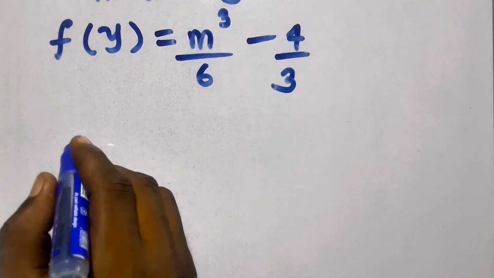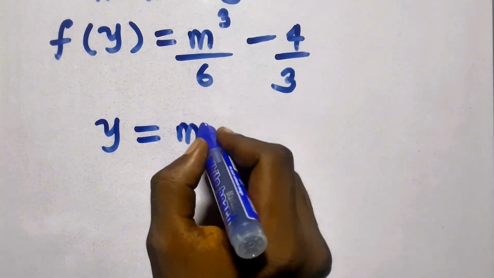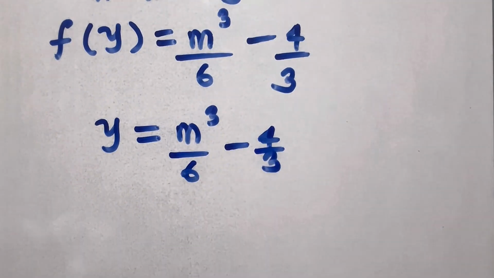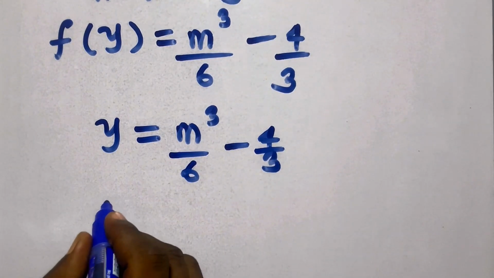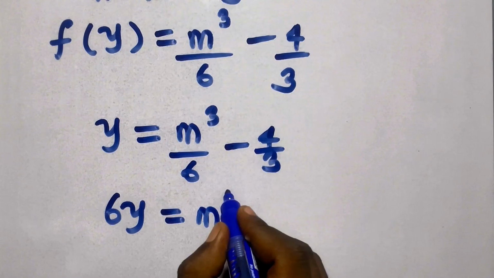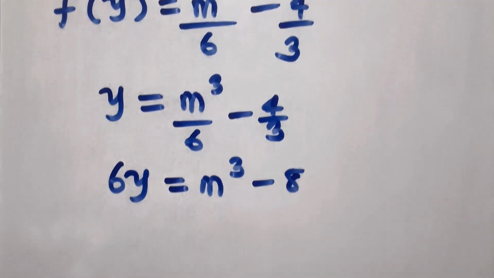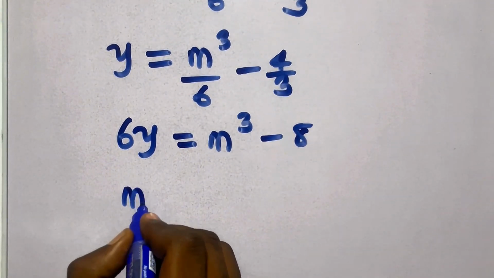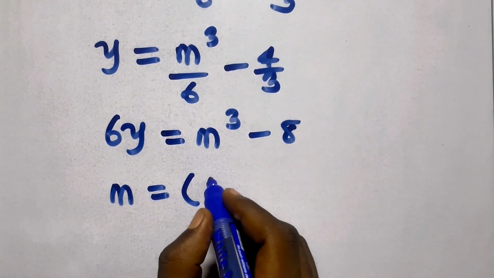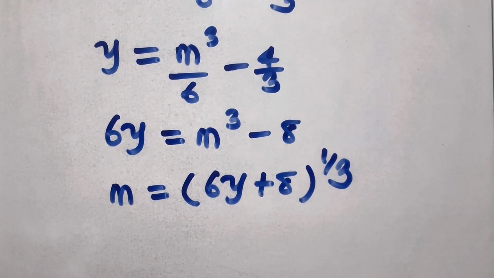So from here now, if again we let y be equal to m raised to the power 3 divided by 6 minus 4 divided by 3, then by multiplying throughout by 6, we are going to have 6y equals m raised to the power 3 minus 8. Do you understand? So therefore, our m here, if we perform the same operation like we did earlier, making m the subject of the formula, will be 6y plus 8 raised to the power 1 divided by 3.